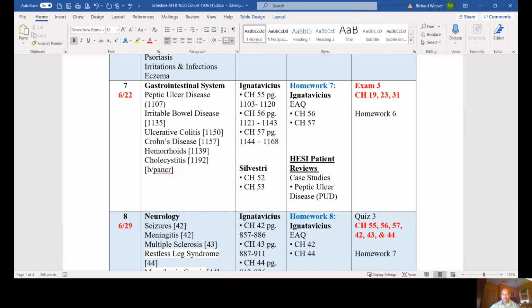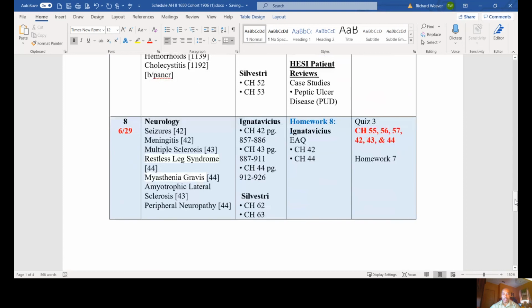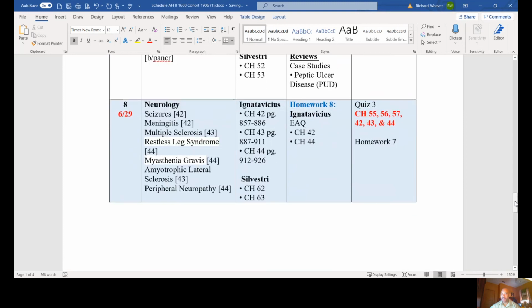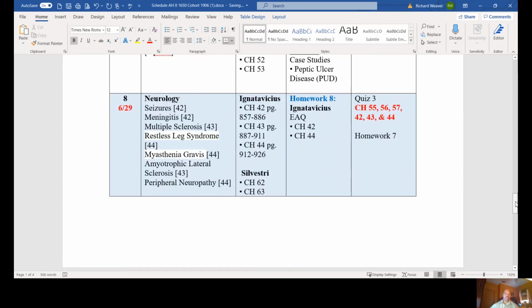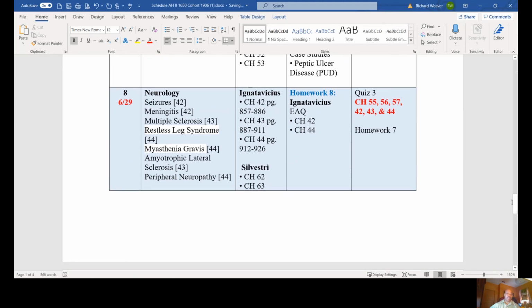All right. And of course, this is the reason why I had to do that. I went ahead and moved chapter 25 up to one of the other weeks, just so I can balance the chapters that you all have to read. So in week 8, you have quiz 3, and these are all the chapters that you need to look at.